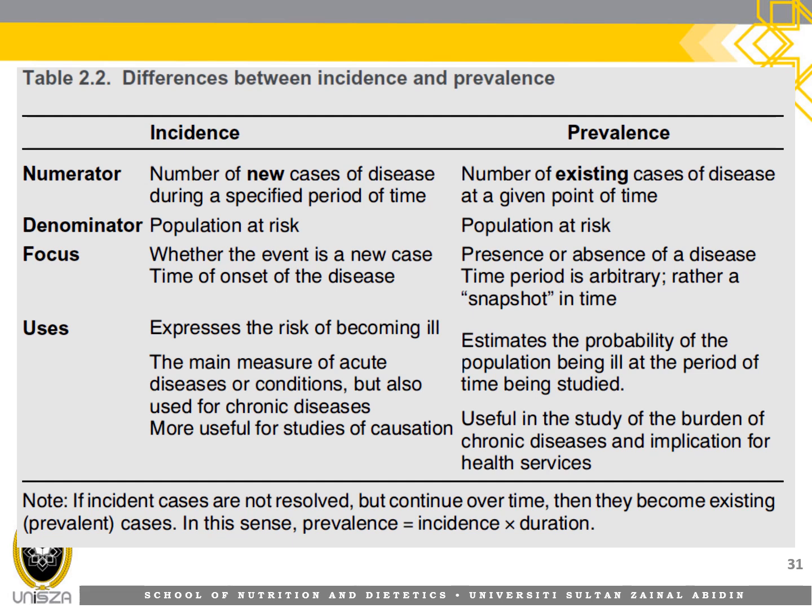Prevalence is used to estimate the probability of the population being ill at the period of time being studied. It is also useful in the study of the burden of chronic diseases and implications for health services.